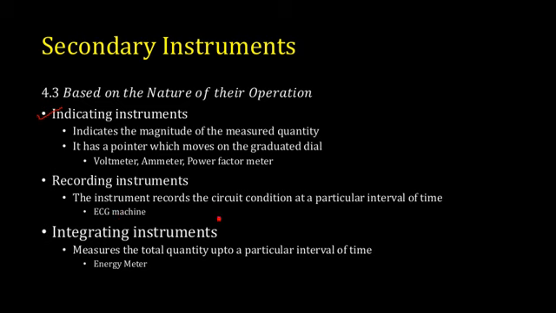You have another instrument known as sunshine recorder, which is used to record the amount of sunshine during the day. Another example you can think of is a seismograph, which records the magnitude of seismic waves on a sheet of paper.